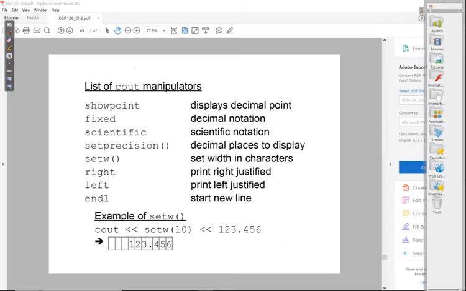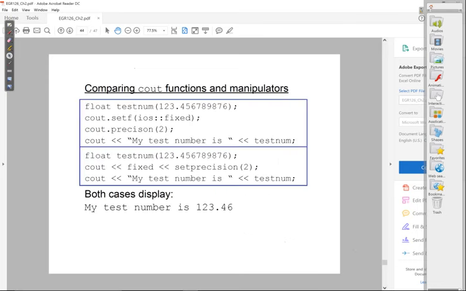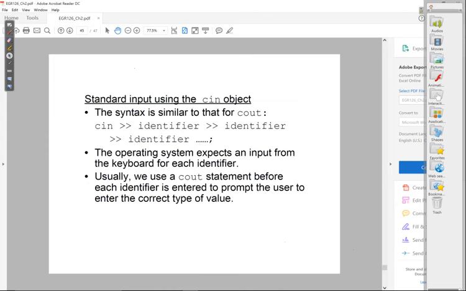The very last thing is input. By input, what we mean now is we want the user to type in data. So let's go back to our program. Remember we wrote this program that calculates the distance between 2 points.